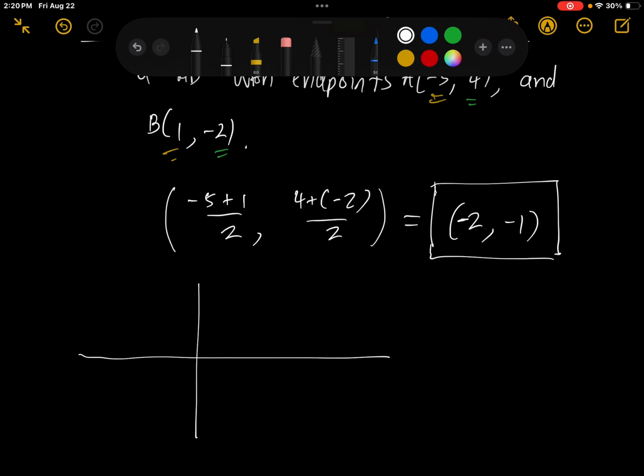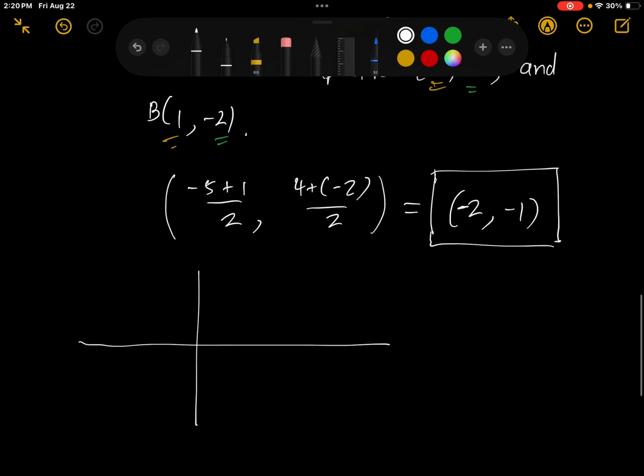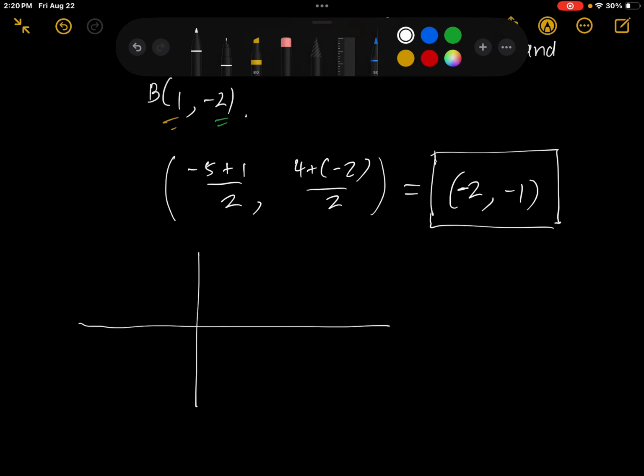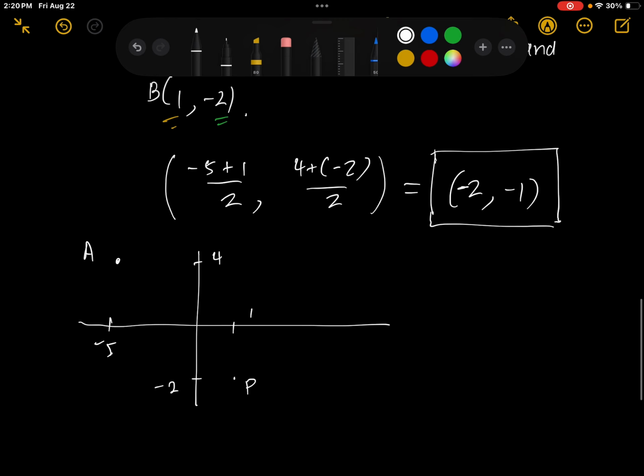That's the answer. So negative 5, comma 4, let's just draw a picture to illustrate. Here's negative 5, say, and here's 4, so that's A. And then B is 1, comma, maybe 1 is here, and then negative 2 is maybe here. So this would be B. So you have this line segment AB. And then C is negative 2, comma... oops, did I draw it wrong?